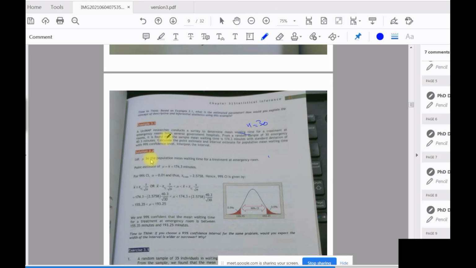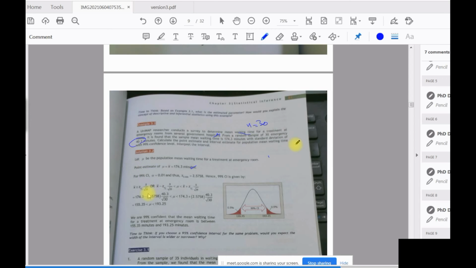So mu is the population mean waiting time for treatment in the emergency room. For the point of estimation, we have x bar 174.3. So we take this formula because n is 30, unknown data, but we have a sample of 30.